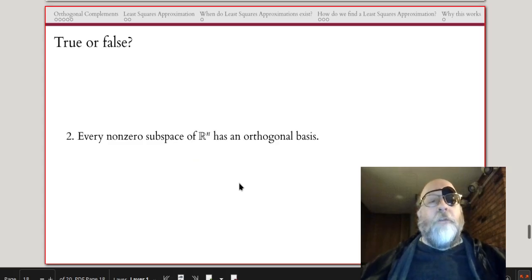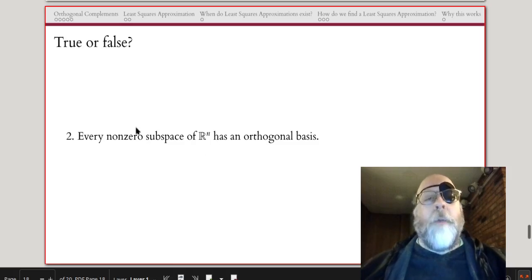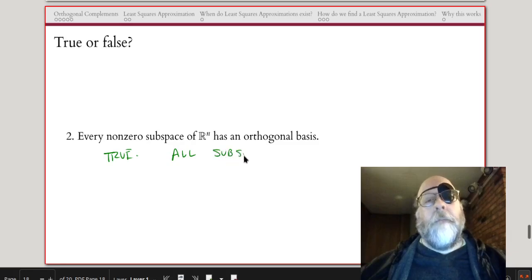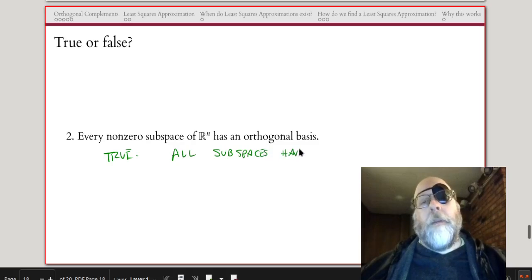Every non-zero subspace of Rn has an orthogonal basis. That is true. All subspaces have a basis. I should say all non-zero subspaces have a basis.